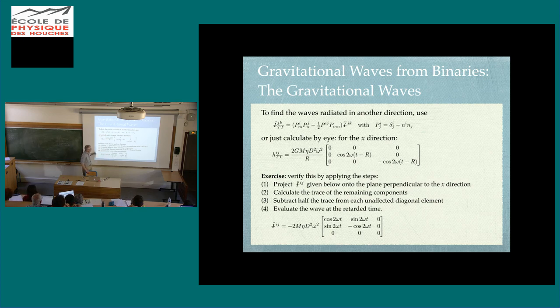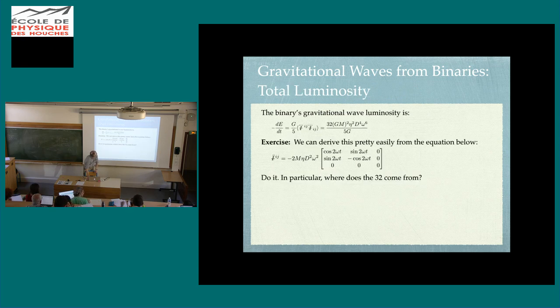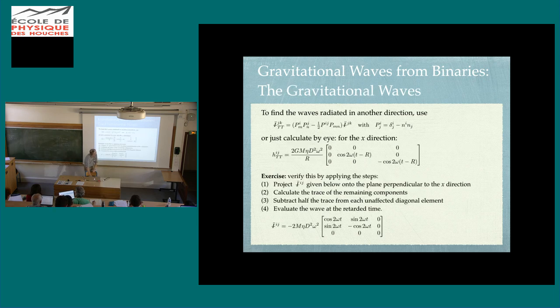But you can do it in any arbitrary direction by doing that. And I have an exercise here that we've basically already done. Questions so far? All right. So if you want to find the luminosity, you can calculate this quantity, and it's pretty easy to take this thing and sum over the components.